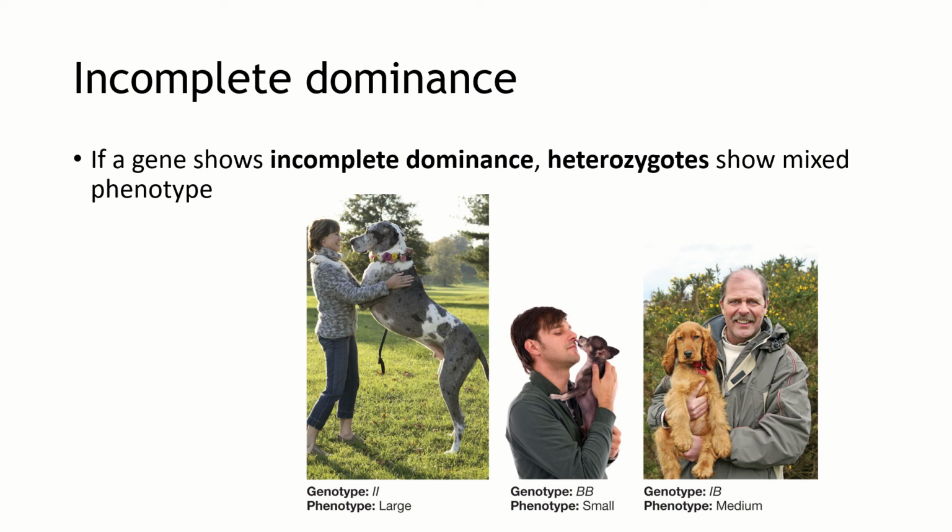But here we have the allele I, which confers largeness, and the allele B, which confers smallness. So a homozygous I dog is going to be really, really big, and a homozygous B dog is going to be very, very small. The heterozygous genotype, with one I and one B, is a medium-sized dog.